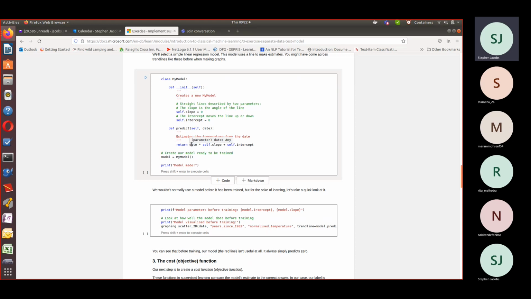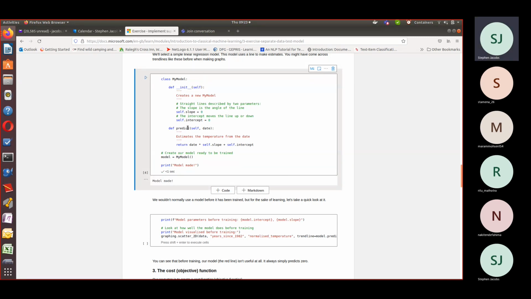So we always return the date, which is our data, times the slope, plus the intercept, and that will give us our prediction of our temperature. So we put in a date and we try to predict the temperature. Create our model ready to be trained. That's what we did before. And we just print the model out.